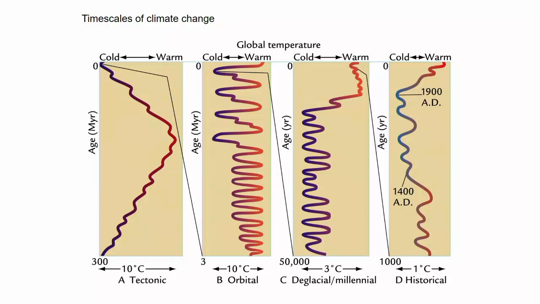We're going to start off looking at changes that have happened over millions of years, how the climate has changed and what has driven those changes, what forcings and what feedbacks have operated over those timescales. And we're going to move forward through shorter and shorter timescales, looking at different processes that occur at different rates and have had quite important effects on basically determining the habitability of the planet.